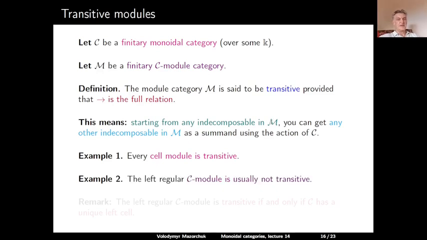Another example, if we take the left regular C-module, this is usually not transitive. Indeed, the left regular C-module is transitive if and only if C has a unique left cell.